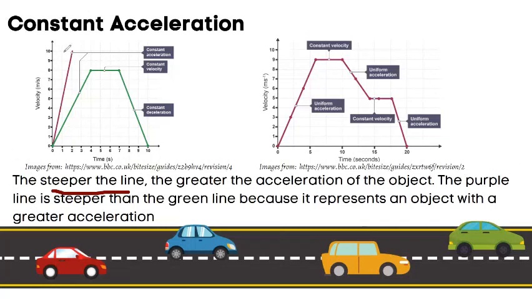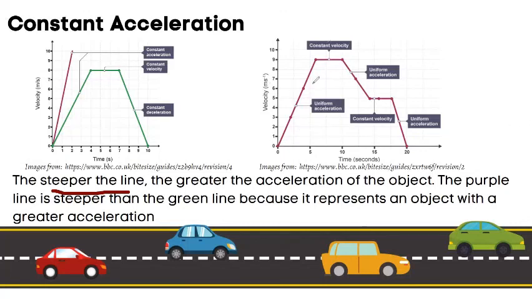Okay, so dito po sa image nito, yung purple is the steeper line and the green one represents that you have there a constant velocity and meron ka ding constant acceleration, so which is ito po, and constant deceleration. So ano naman yung constant deceleration? So yun naman yung pagbaba ng acceleration.